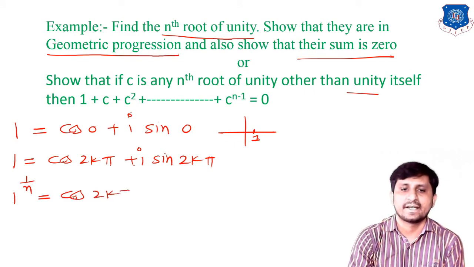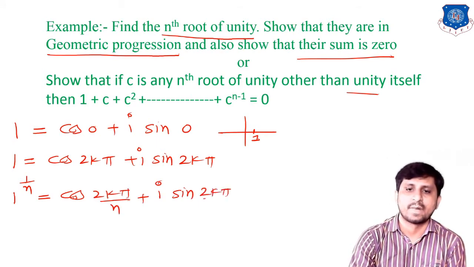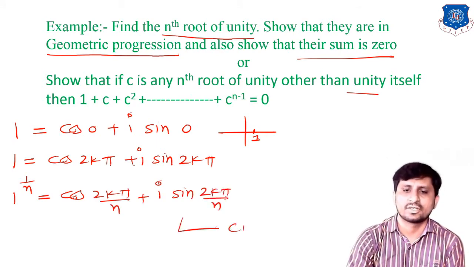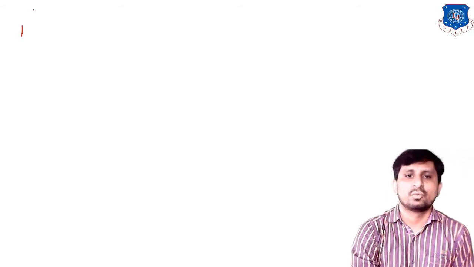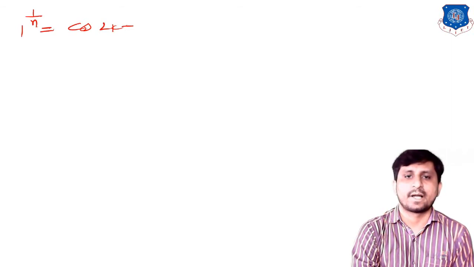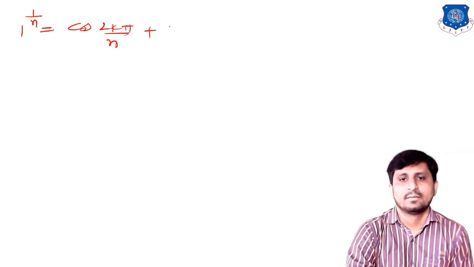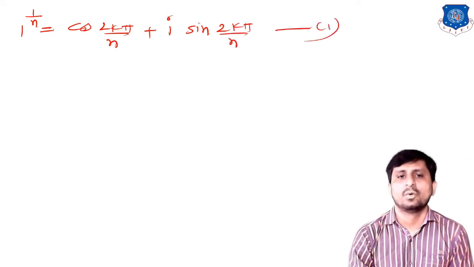So directly can I write cos 2k pi by n plus I sin 2k pi by n. Okay, and this is my equation number 1.